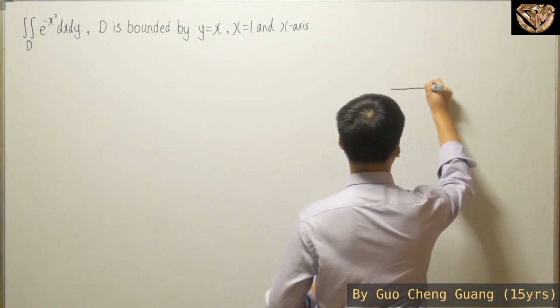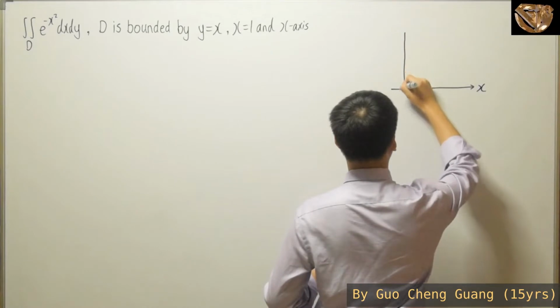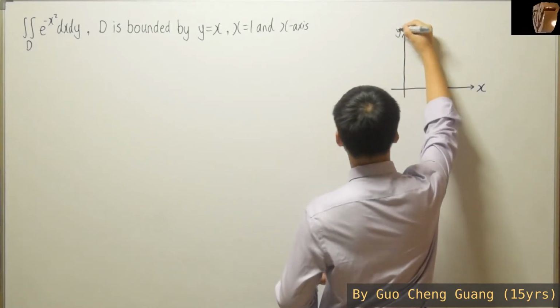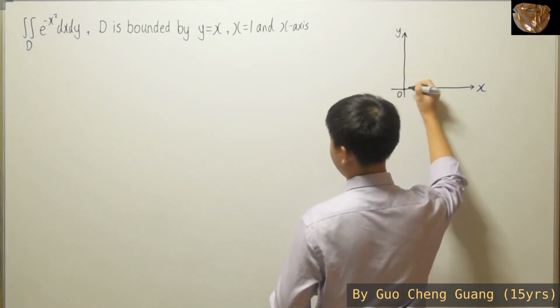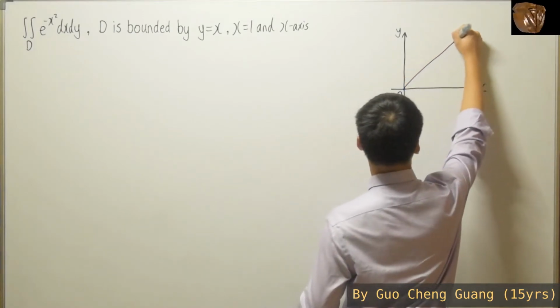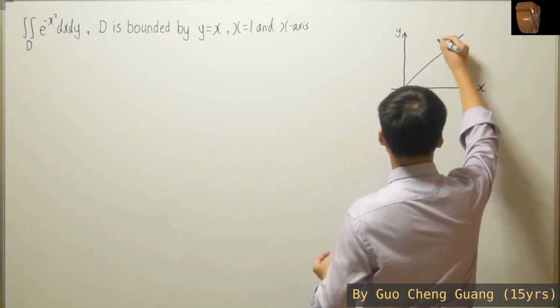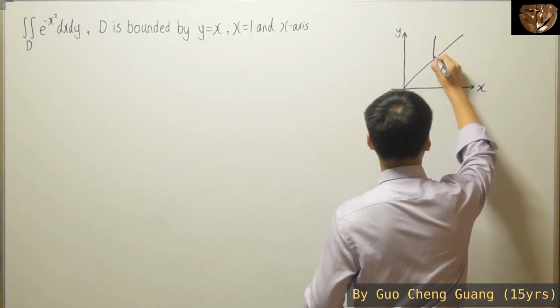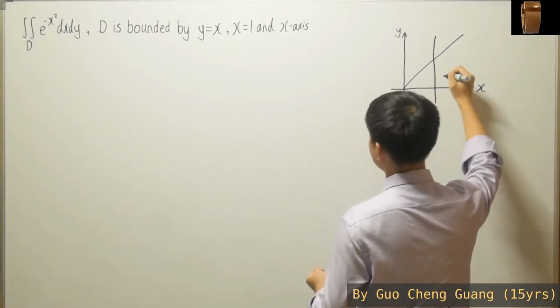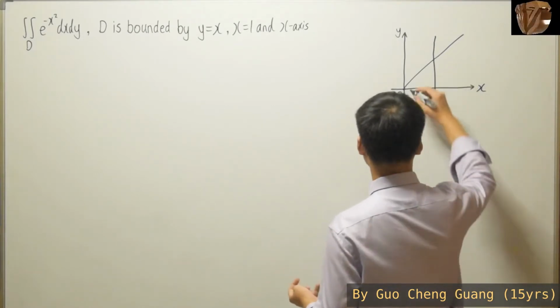So, this graph: x-axis and y-axis, here's the origin. The y equals x graph would be a simple straight line. X equals 1 would just be parallel to your y-axis. And your x-axis is just your x-axis, alright?